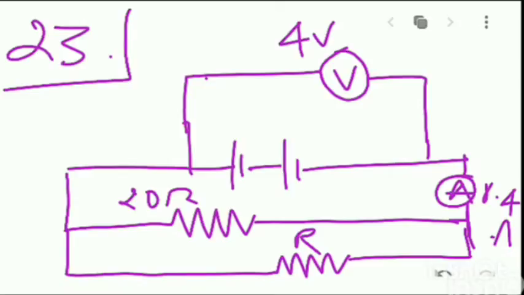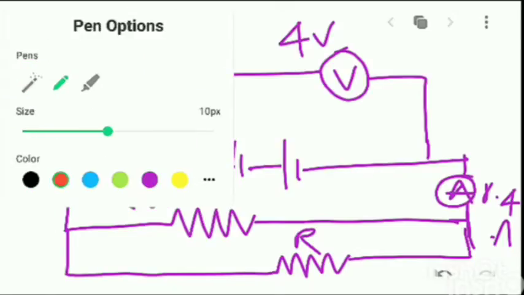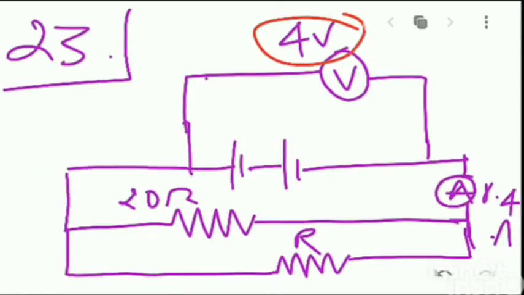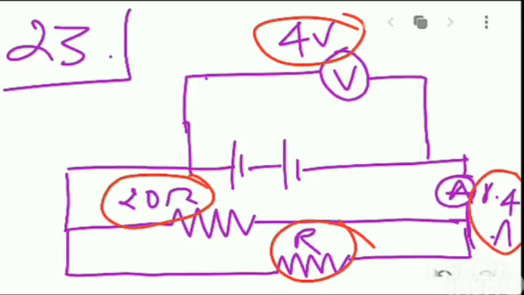So the source is giving me 4 volt of potential difference and the current flow is 0.4 ampere. And my resistances are 20 ohms and R ohms, which are connected in parallel. So let's see what we can solve from here.